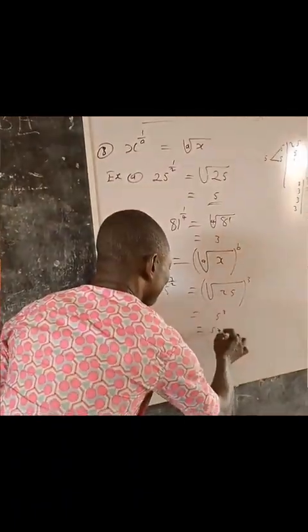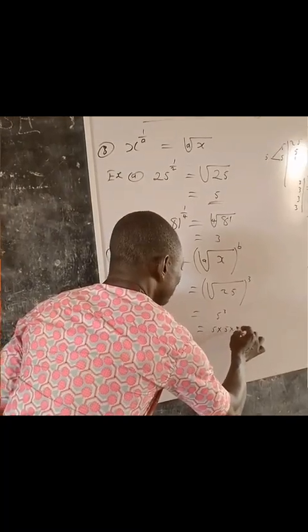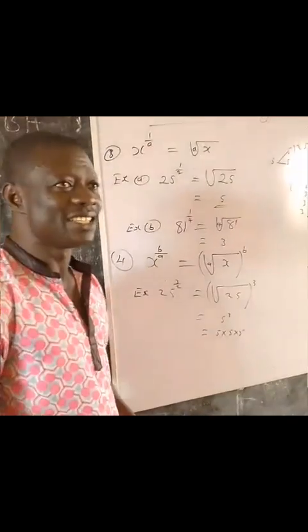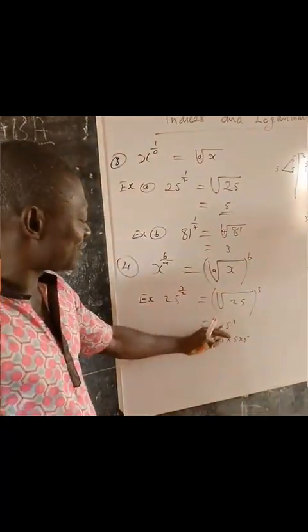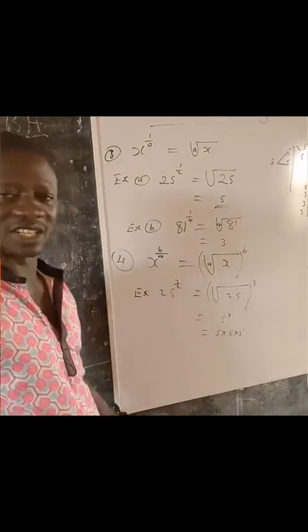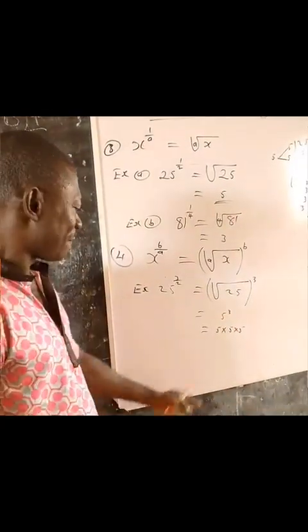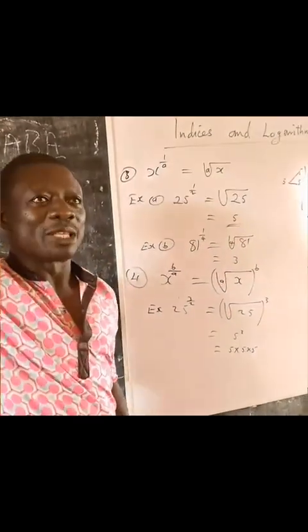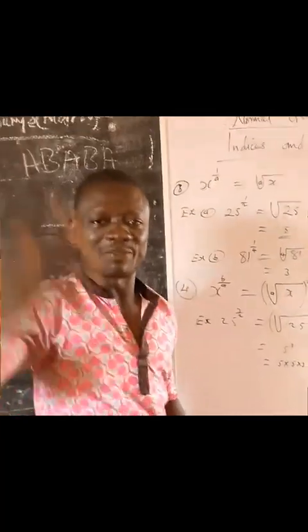5 raised to power 3 is going to give us the same thing as 5 times 5 times 5. Please avoid that mistake of thinking that this is 5 times 3. No, because the 5 is only telling you multiply myself into 3 places.